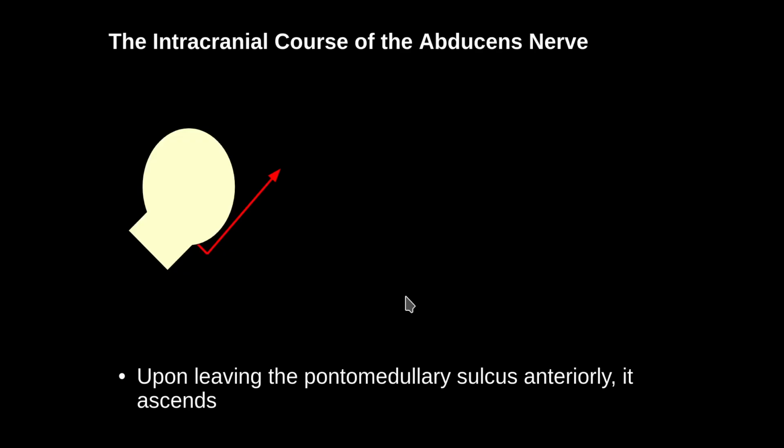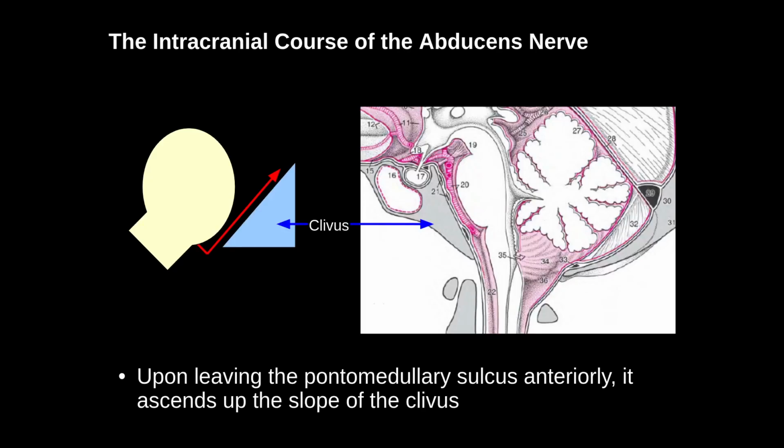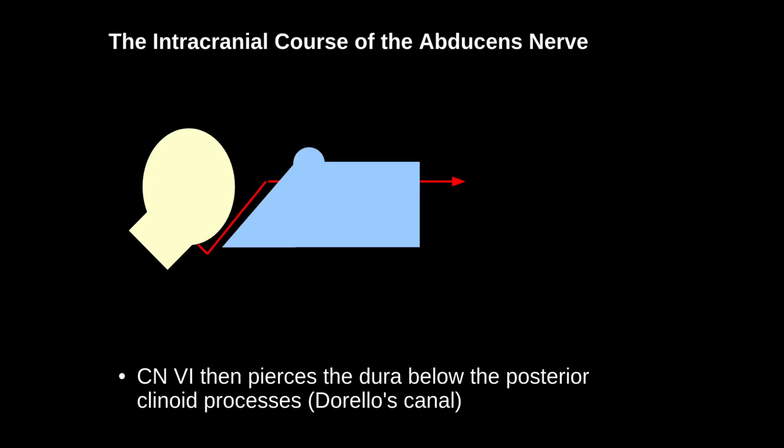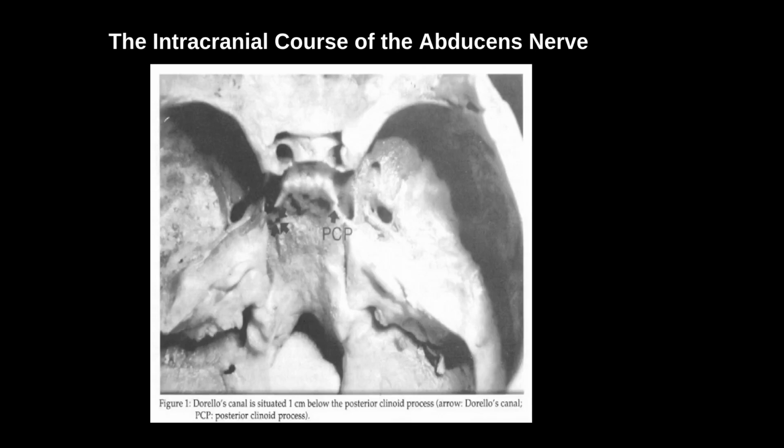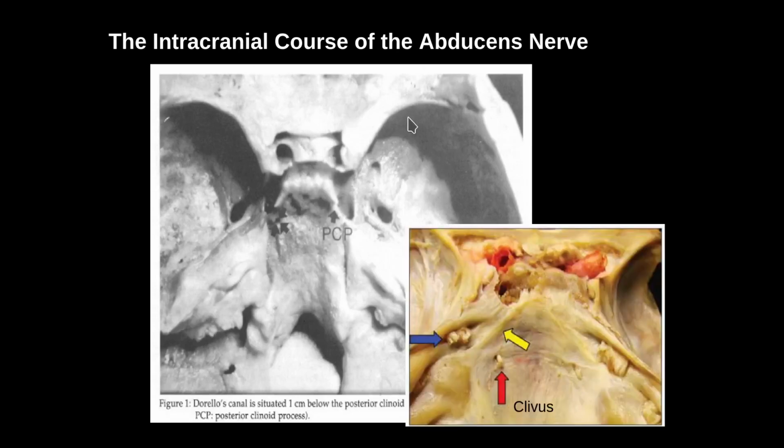So just a run through of their exits. The sixth nerve exits, it burrows underneath the clivus dura mater, a small obscure canal called Dorello's canal, to penetrate into the cavernous sinus over here. So a small hole there, cavernous sinus over here.